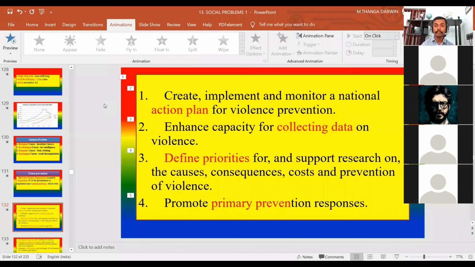Second, collecting data. Data collection is very, very important to identify the main causes of a particular crime and prevent it in future. Then define priorities and support research, mainly to overcome and prevent such incidents or crimes.